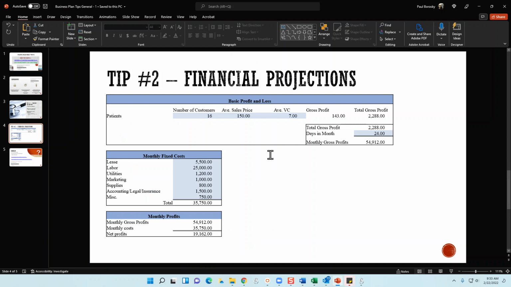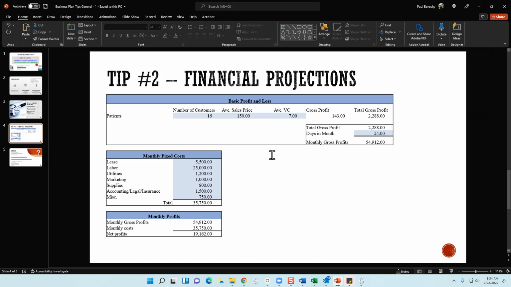All right, next, tip number 2 is going to be financial projections. In this little video that I'm doing, I don't have time to show how to, from scratch, create a financial model that's going to predict what your startup costs are going to be, as well as your pro forma 12-month financial projections, your 5-year projections, and your balance sheet.